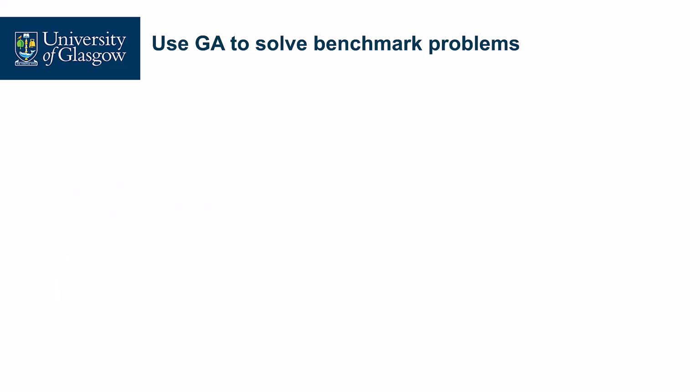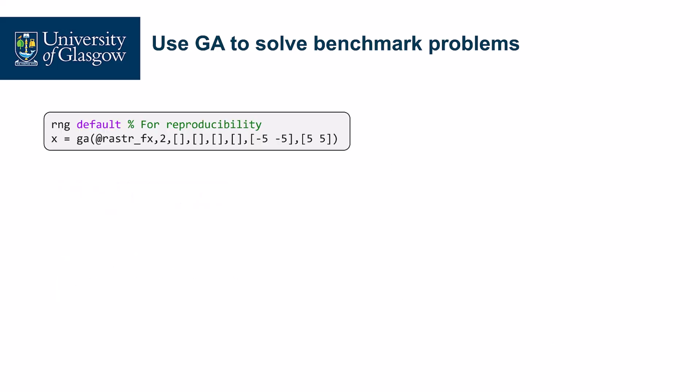Then we use a search bound. We can see the search bound is set here. These 4 empty square brackets are for the linear inequality and equality constraints and the bounds. Because there's no constraint for this function, they are empty.